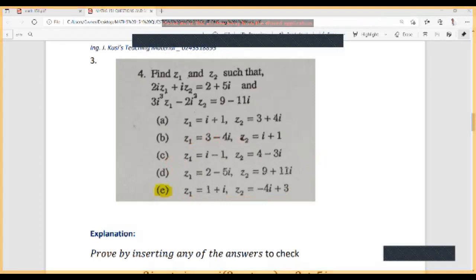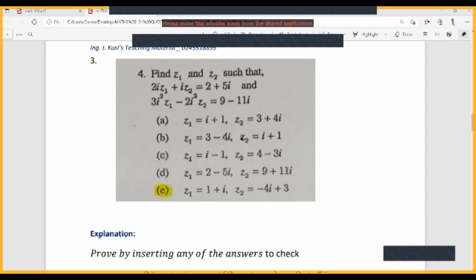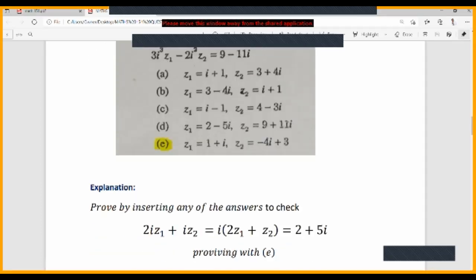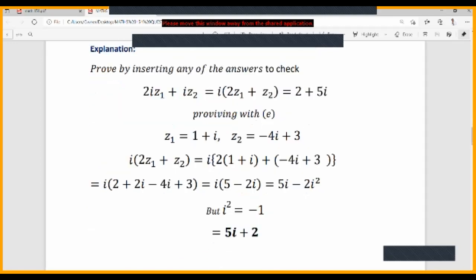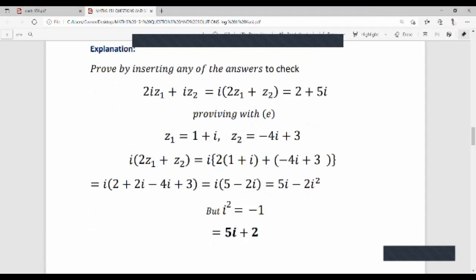So the explanation says that to prove this, you have to insert the answers, so you have to think quickly and try to see potential answers. First write what you have been given.